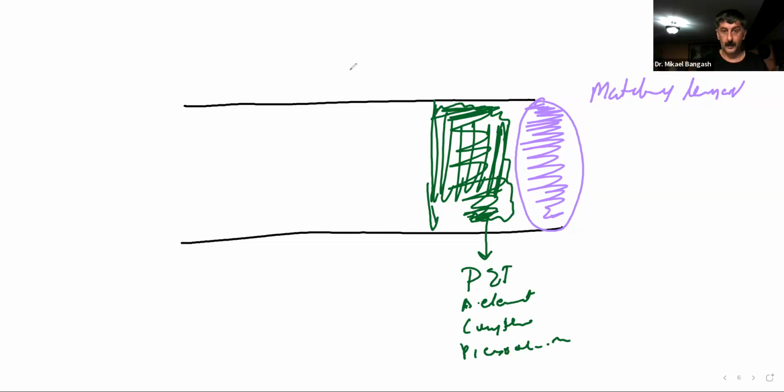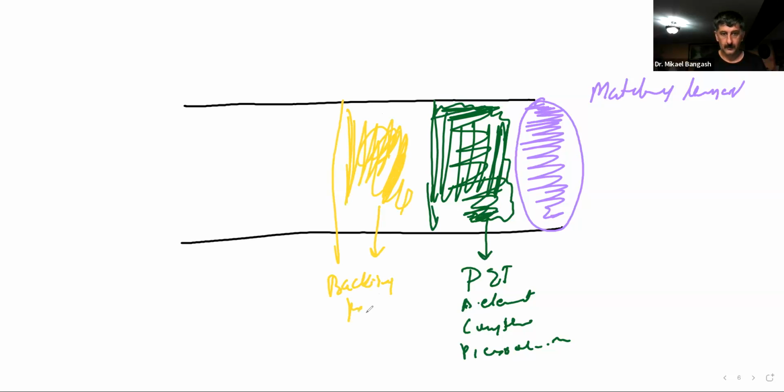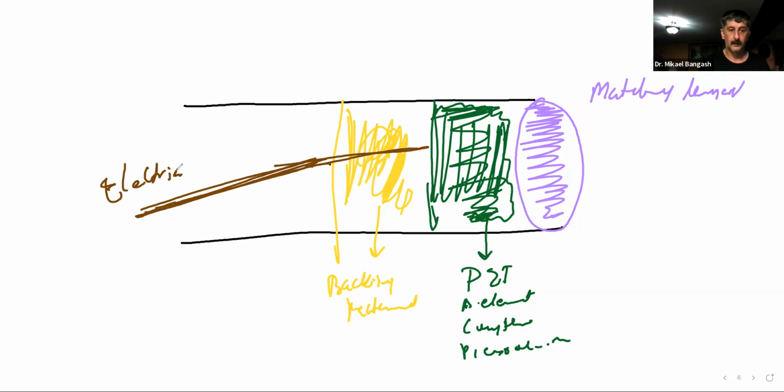Clear. And then next is going to be this thing here, which we just call the backing material. After which we have the electrical wire, or what your system just calls the wire.